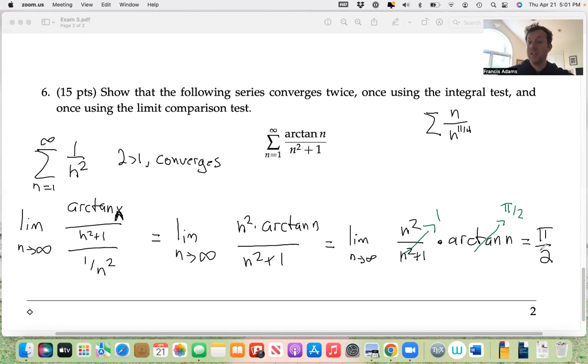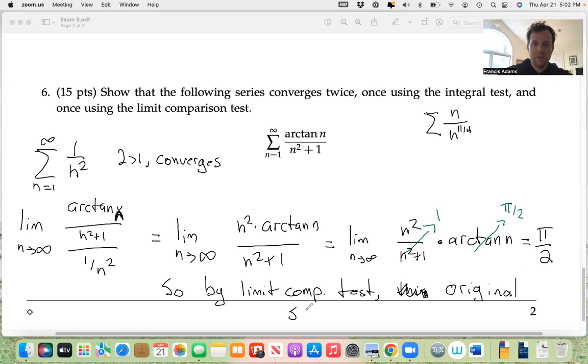All that matters is that this is a finite number. So by the limit comparison test, we'll be more specific, the original series converges.